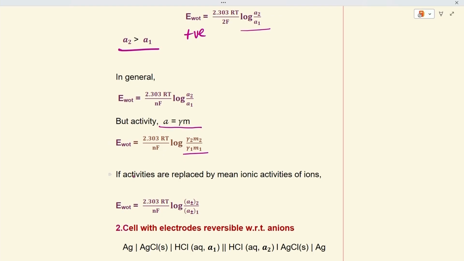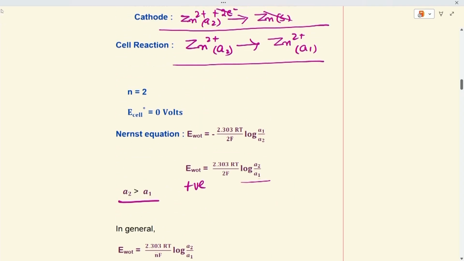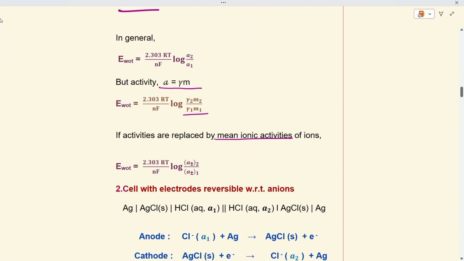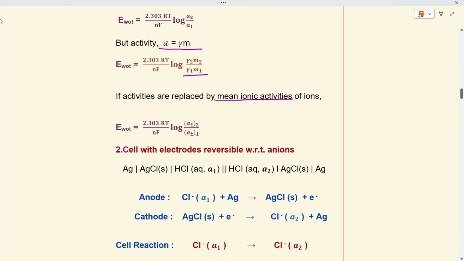Again here we replace the activities by mean ionic activities, and we have noted that in the final equation only one of the ions, the zinc cation, is involved, not its anion. Therefore, this will be equal to 2.303 RT by nF log mean ionic activity 2 divided by mean ionic activity 1.